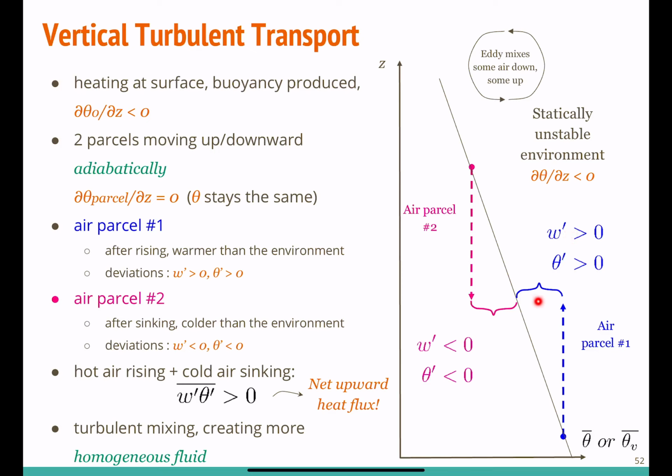Then the second particle, if you are displaced downward, then W prime will be negative, and theta prime would also be negative because you're colder than the environment. So hot air rising and cold air sinking both means that you have net upward heat flux.